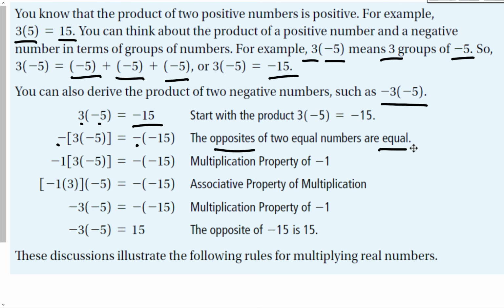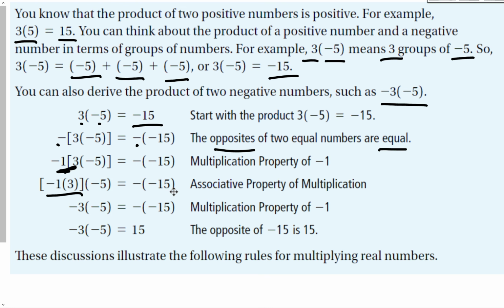Okay. Then the multiplication property of -1 lets us change that to a -1 in the front. Then the associative property lets us group these two together in parentheses. And we leave the right side the same.